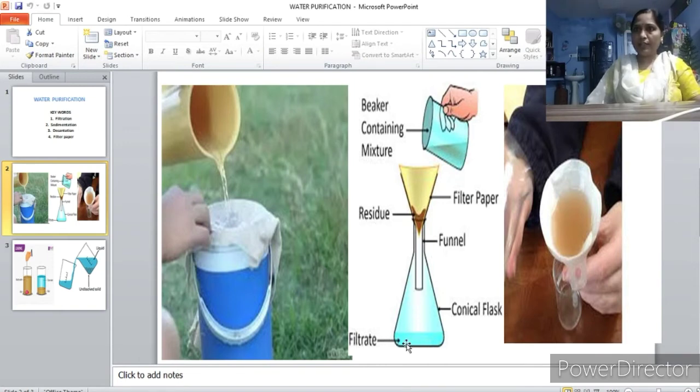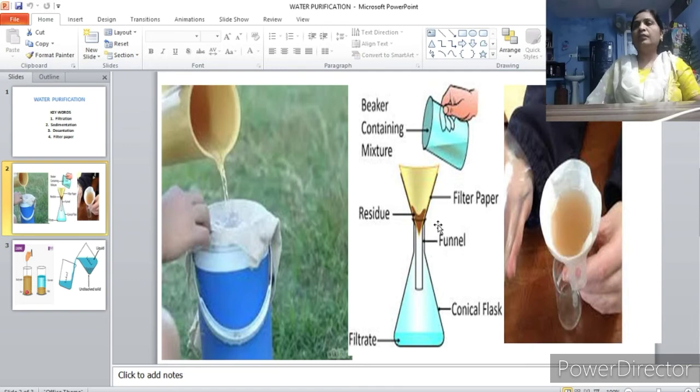This flask is called a conical flask, and this is called a funnel. The funnel is inserted into the conical flask, and inside the funnel filter paper is arranged in a funnel shape, and in this beaker dirty water is there. Slowly pouring this dirty water into the funnel.